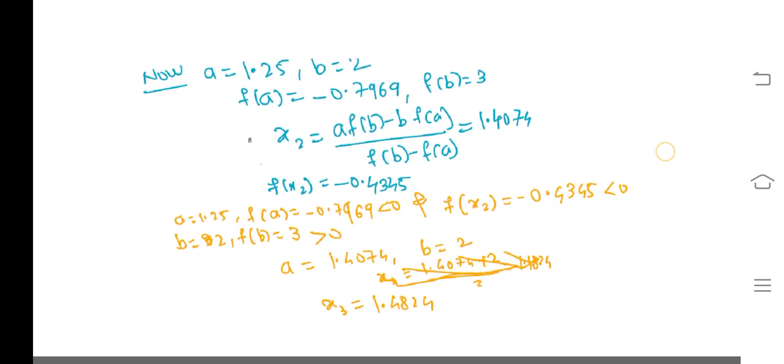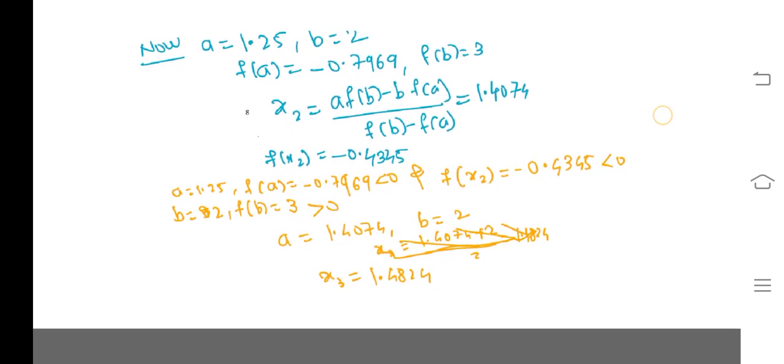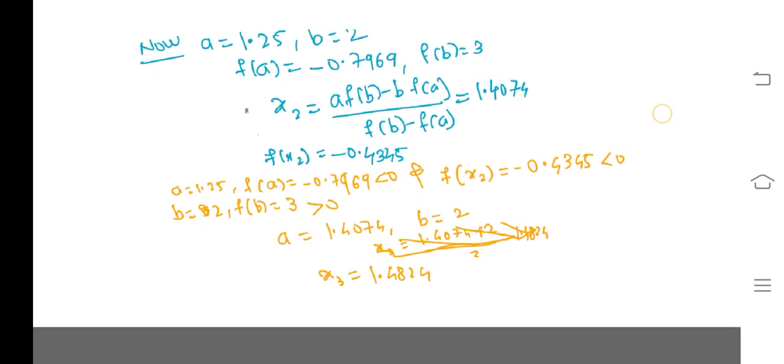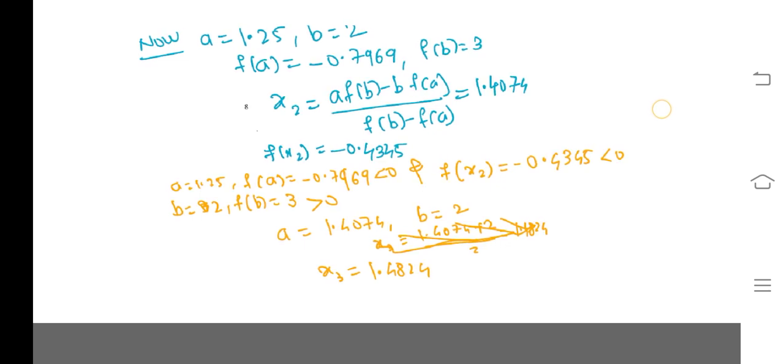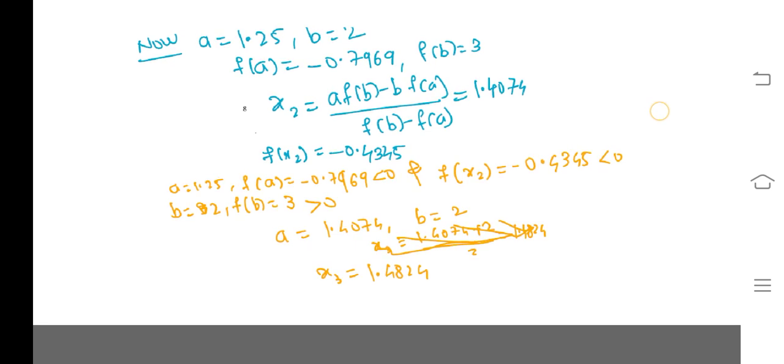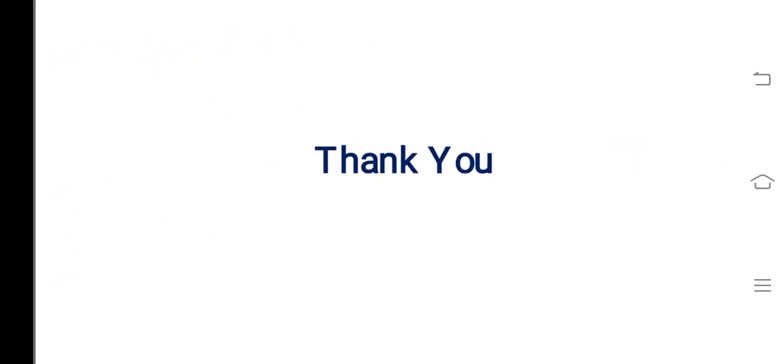So let us calculate x2. x2 is 1.4345. And let us calculate x3. x3 is 1.4824. So this way we apply the secant method.